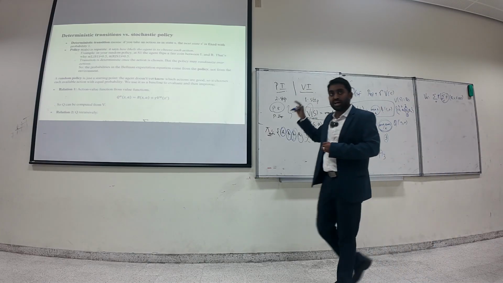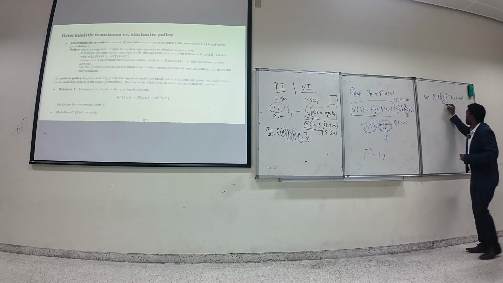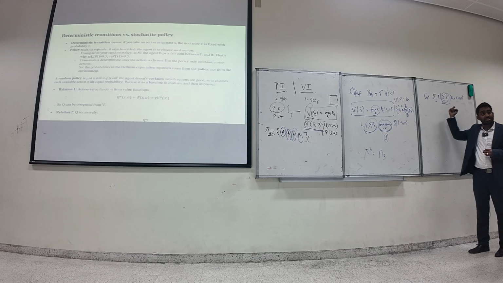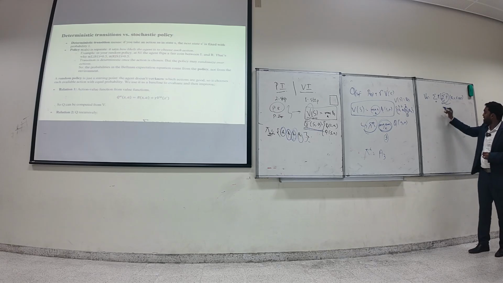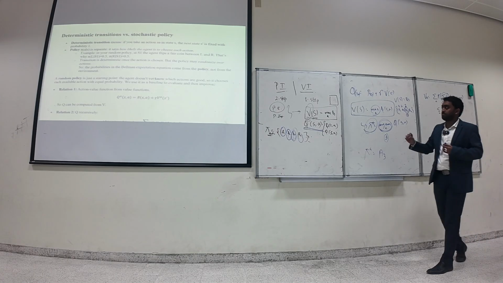Why in our problem? It is deterministic, right? So this inner probability has to do with the transition itself, because this is the transition probability. So this would end up being like this, right? Clear?